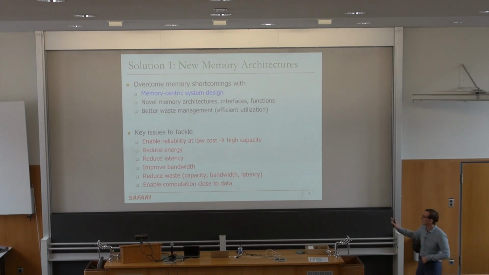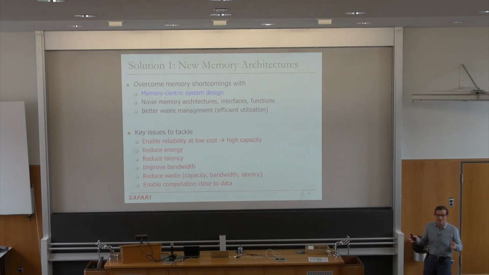Whatever we discussed so far, at some level is applicable to emerging memory technology. Maybe not exact mechanisms, but some of the mechanisms are very much applicable. Like reliability at low cost. At least the key issues are still applicable to emerging memory technologies. We want to enable reliability at low cost so that we can get high capacity. We want to reduce energy as much as possible. This is going to be even a bigger issue in emerging memory technologies in some senses.